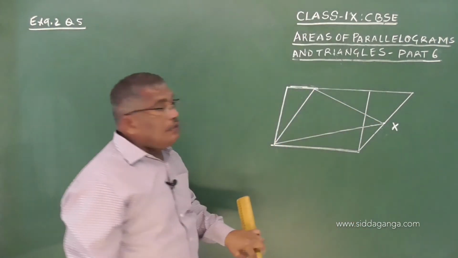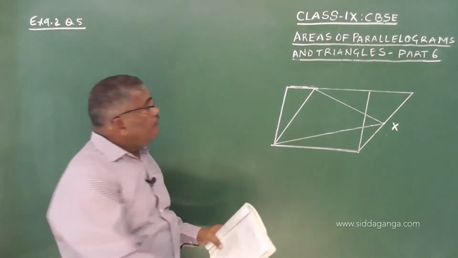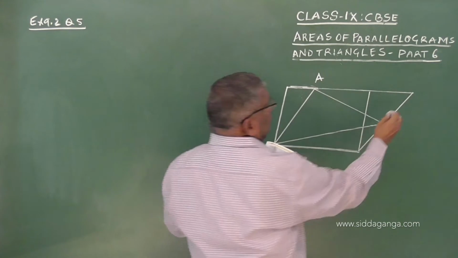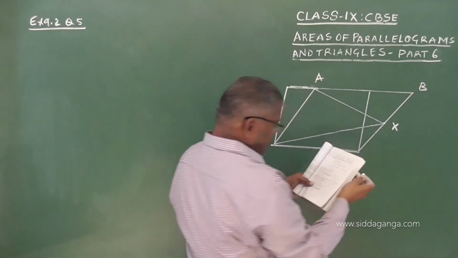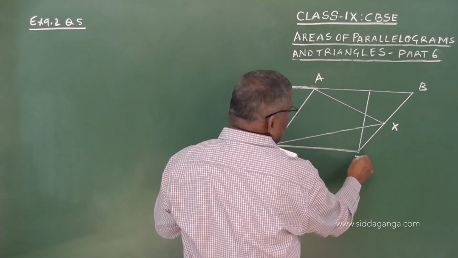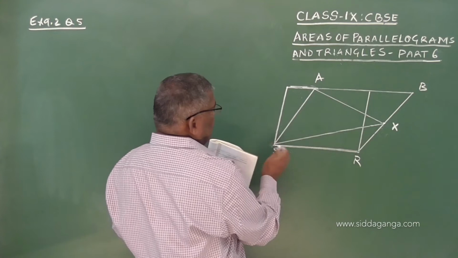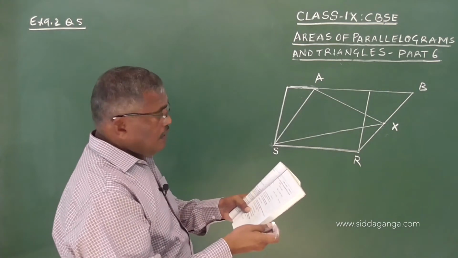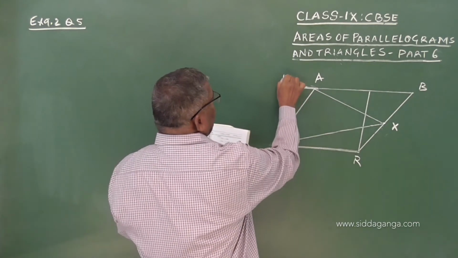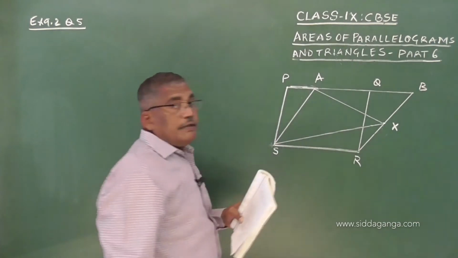You can also see the textbook figure, and this is A, B, R, S. This is P point, this is Q point. This is the sketch given.